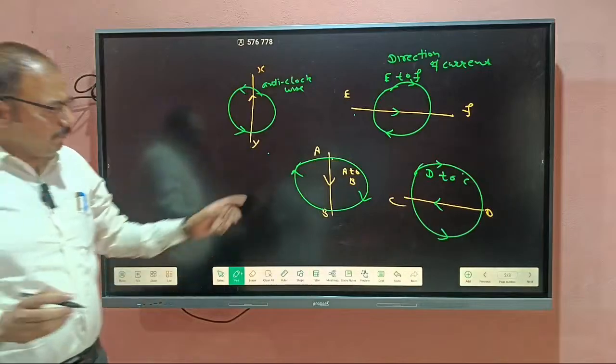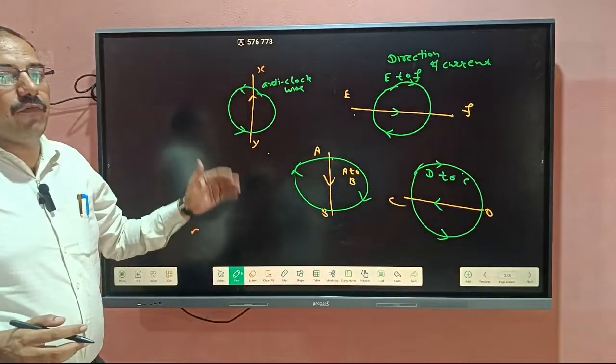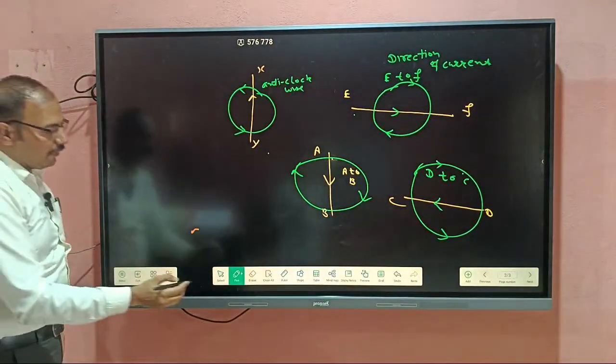So next, on the basis of this explanation, we can define a magnetic field. So what is the definition of a magnetic field?